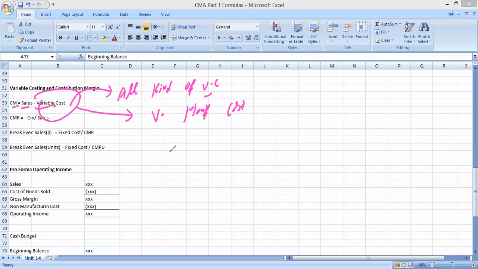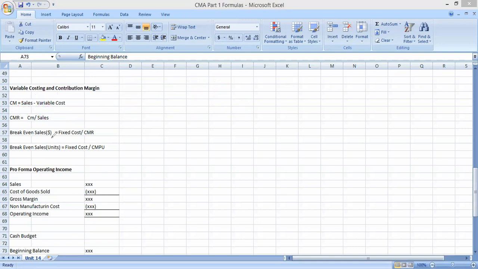That's very important. After that, you have to calculate the CMR, contribution margin ratio: contribution margin divided by sales, multiplied by 100, gives you the contribution margin ratio. Break-even sales in dollars is equal to fixed cost divided by contribution margin ratio.